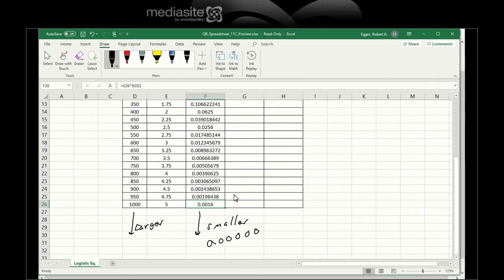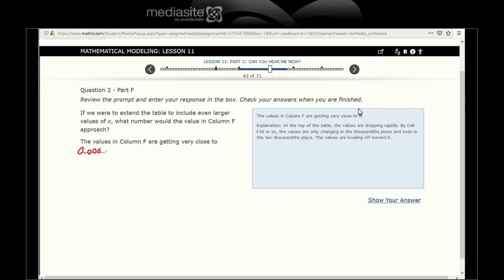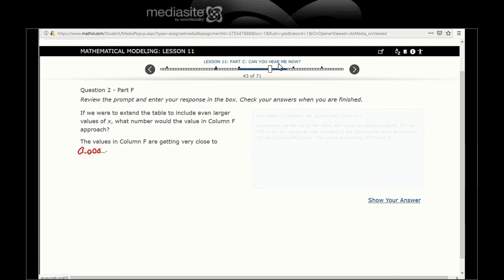Never quite, but it will approach 0. Very close to 0. Explanation: at the top of the table, the values are dropping rapidly, starting in the thousands, and it will eventually go to 0.